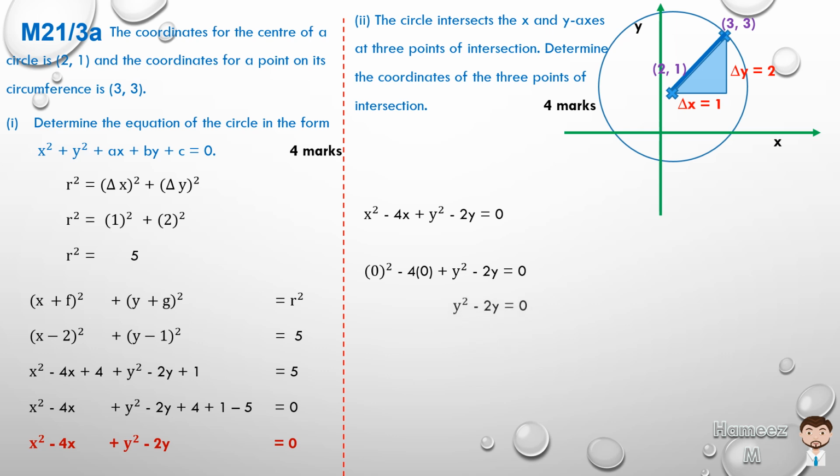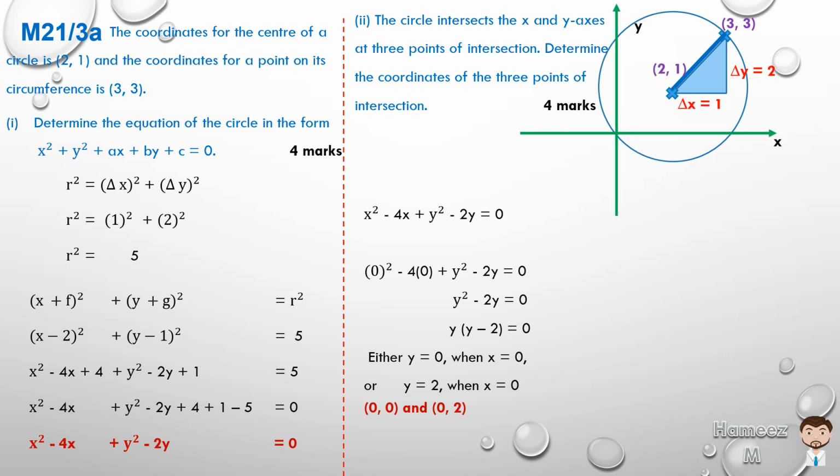So y squared minus 2y is equal to 0. And if we factorize, it's going to give us y by y minus 2 is equal to 0. So either y is equal to 0, and when y is equal to 0, what does that mean? x is 0. Or y is equal to 2, and x is still 0. So the 2 points of intersection on the y-axis are 0, 0, the origin, and 0, 2.